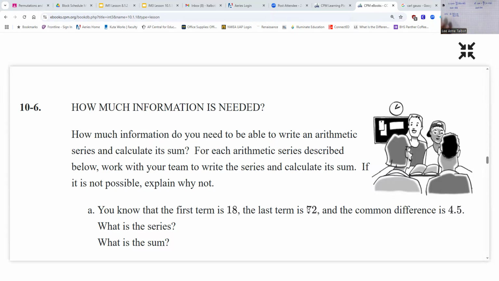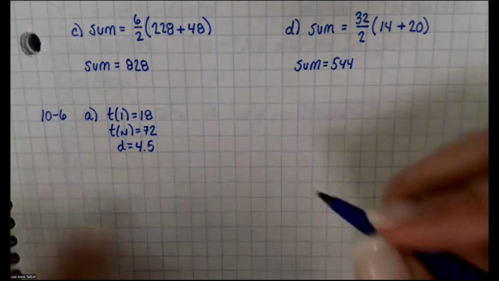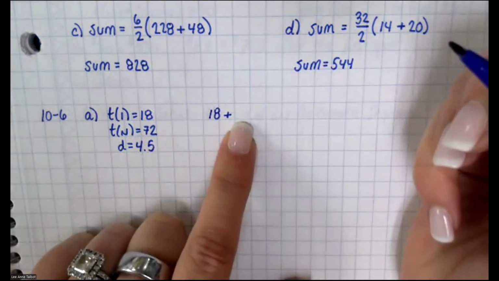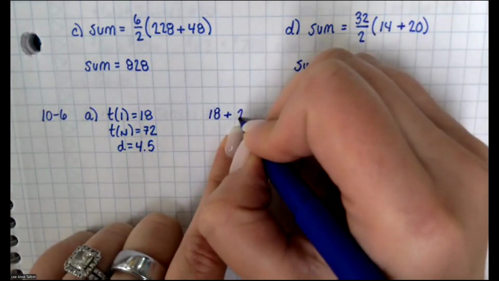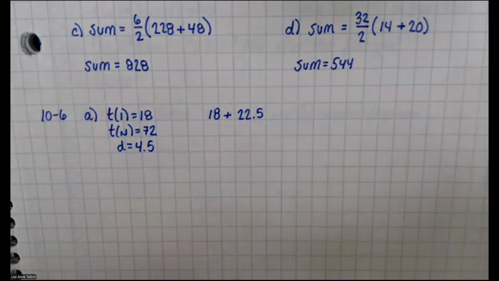The reason you're writing n is because you don't know how many spots out it is, but you know it's the last one. And the common difference is 4.5. That's D for the growth is 4.5. What is the series? What is the sum? Okay, so we can start by getting the series. So 18 plus 22.5, right? Because they've got to go up by 4.5.